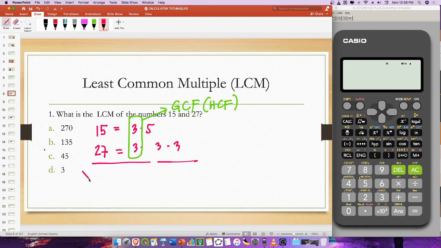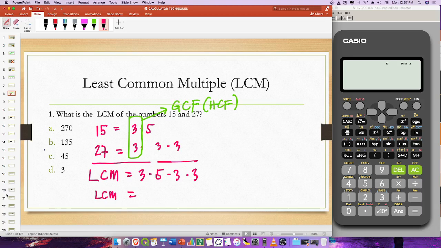The least common multiple can be solved using the factors. Here, the 3 and 3 will count as 1. So we have 5, 1 three, and another 3. The LCM of the two numbers is just the product of 3, 5, 3, and 3.